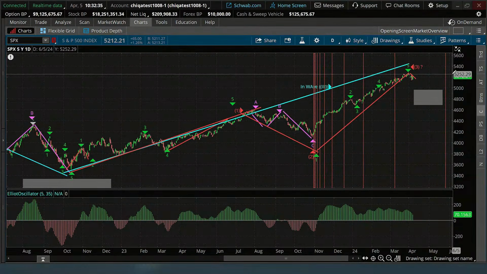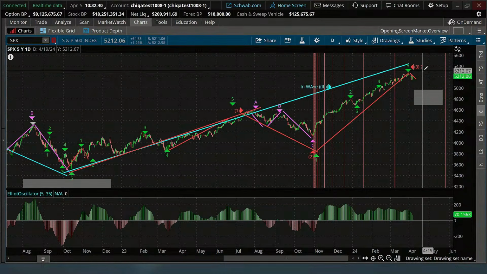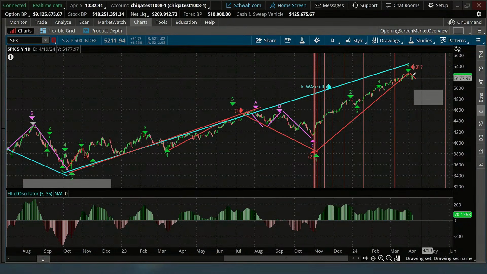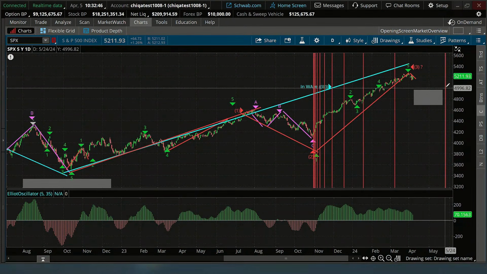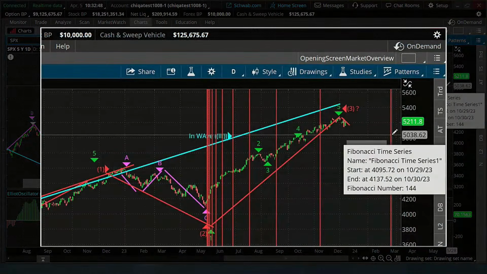Okay, so we aren't in a time frame necessarily where something might happen, but it is possible that the ABC correction could take until here, time-wise.